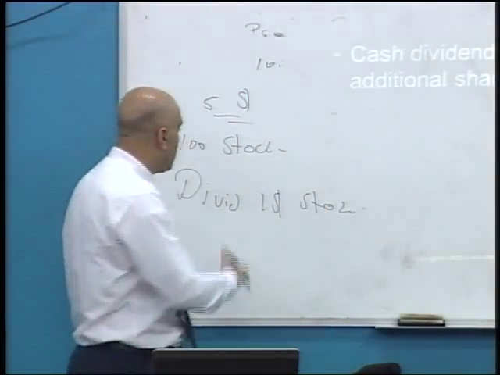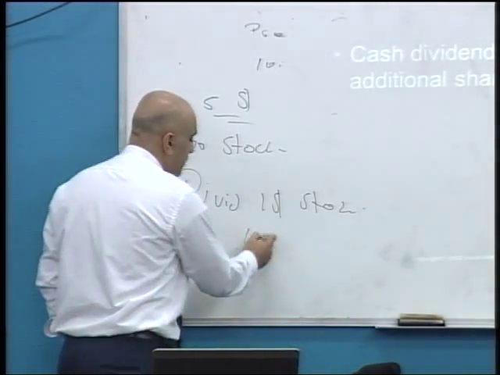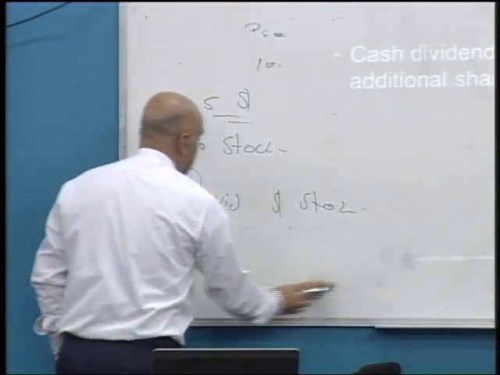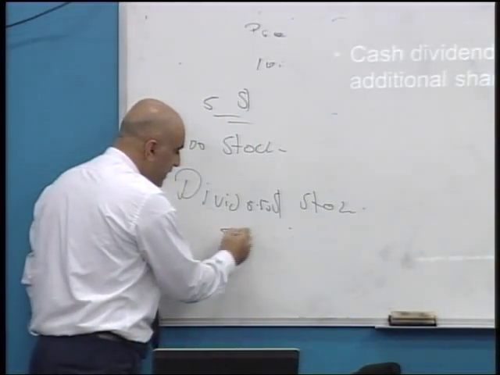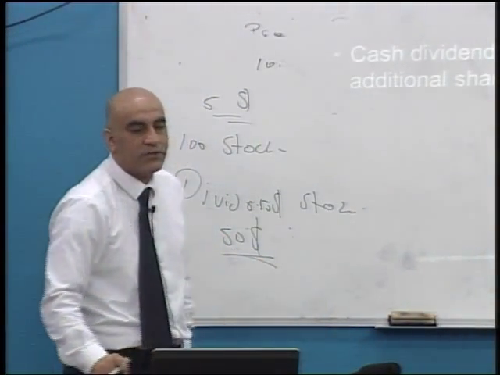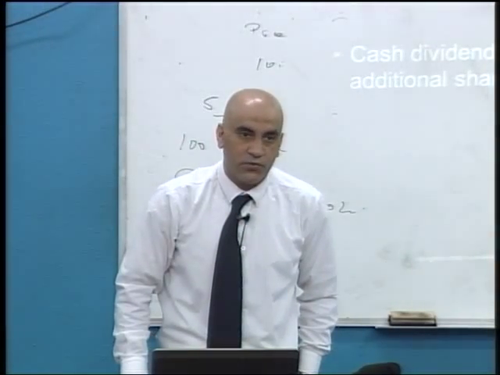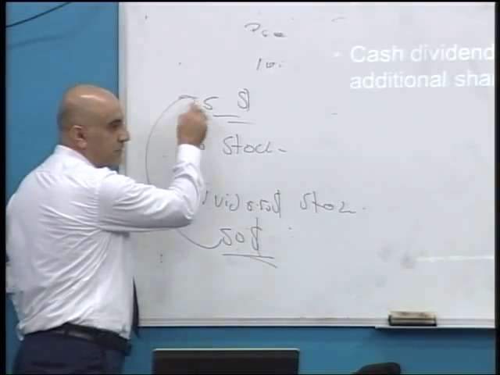So at the end of the day, you receive $100. Or let's make things simple, dividends of 0.5, so you receive $50. Now the question is, you don't need the $50. What should you do? You can buy 10 stocks.